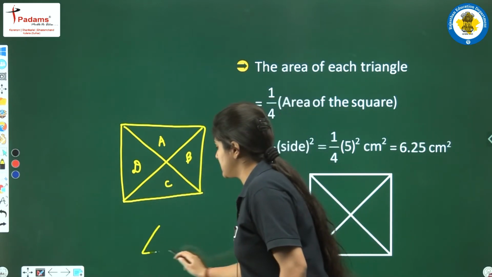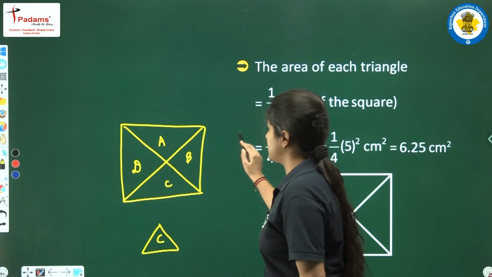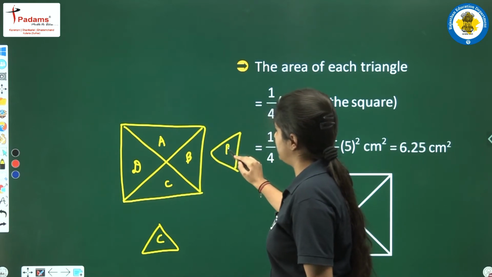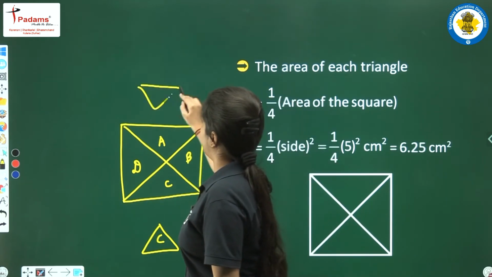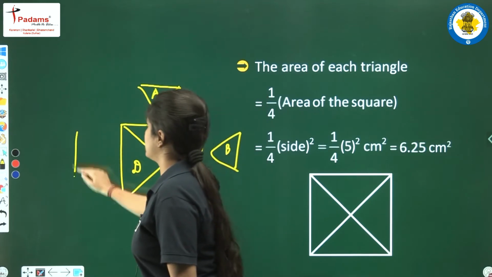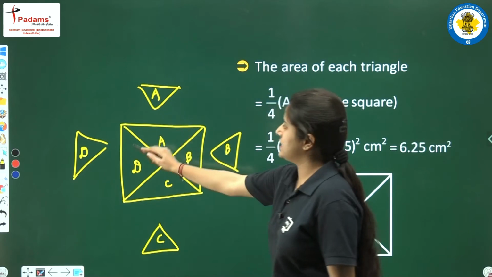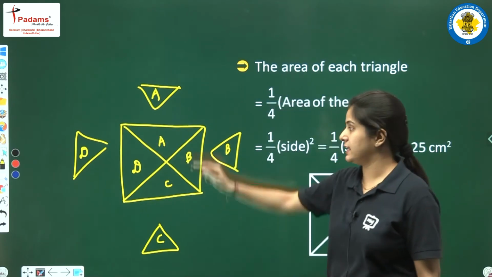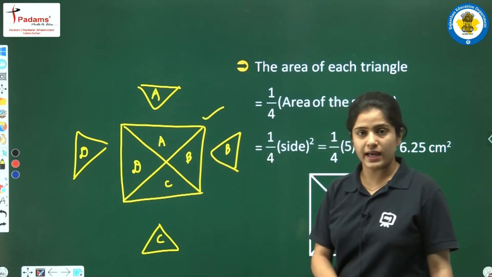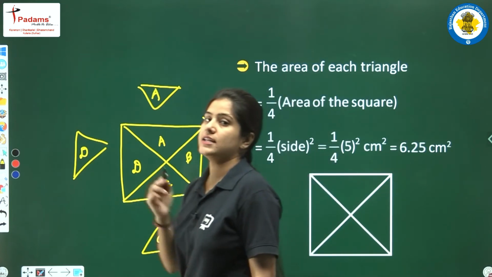Look, this is triangle C, this is triangle B, this is triangle A, and this one is triangle D. When I join these four triangles, I get this particular square that has every side equal.